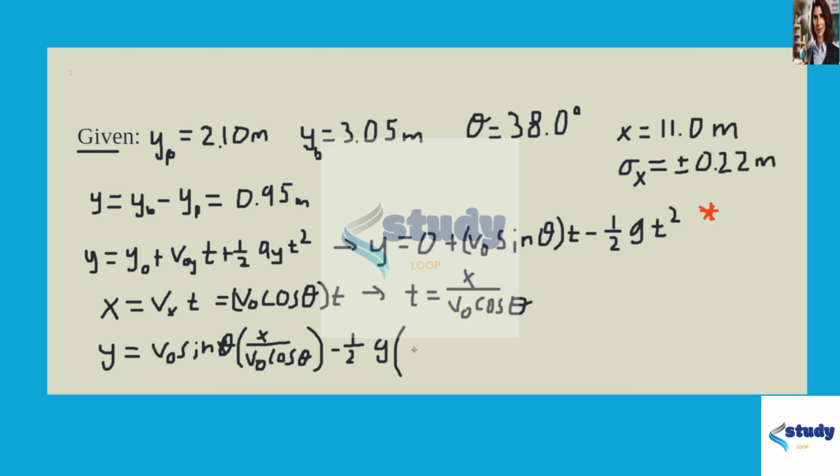So this is going to be x over V naught cosine theta, and this whole thing is squared.